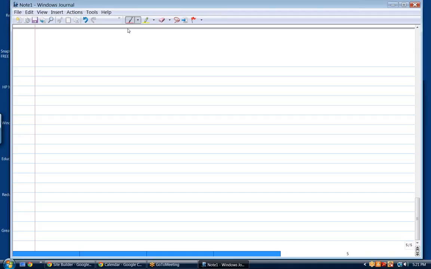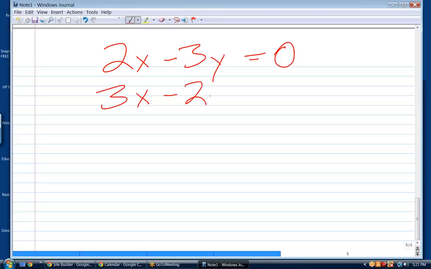What else you got? 2x minus 3y equals 0, and then 3x minus 2y equals 5. Okay, notice what we got going on here. I can't multiply one equation by an integer such that a variable is going to disappear.